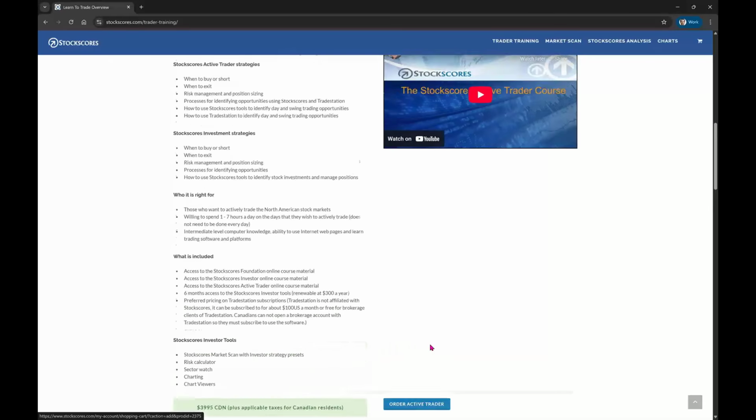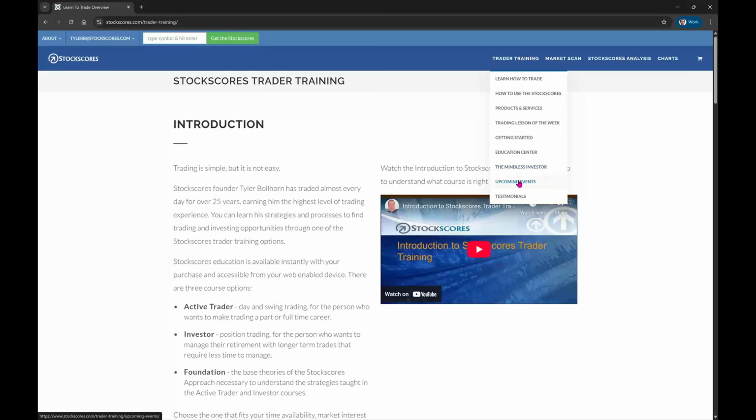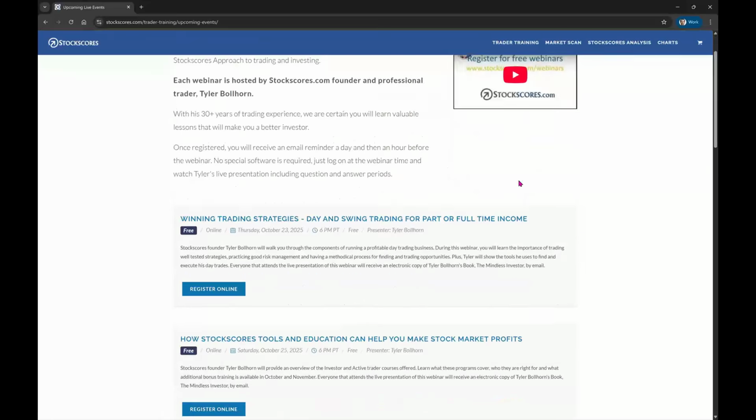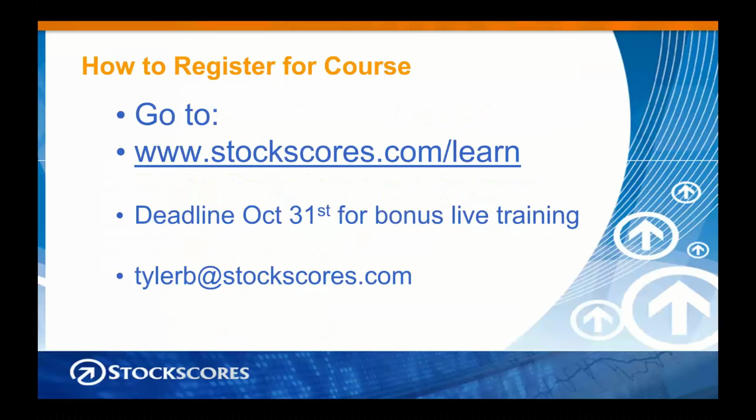The website will now recognize you as an active trader student, which makes you eligible for the mentorship. Then you go to upcoming events, and scroll down the page to mentorship. That's where you can register online, and it will charge you the $2,000 upgrade for the mentorship course. If you're already an active trader member, you can just do this right away. You don't have to buy the active trader course first because you've already done that, of course. And as I said, we have 4 spots open for that.